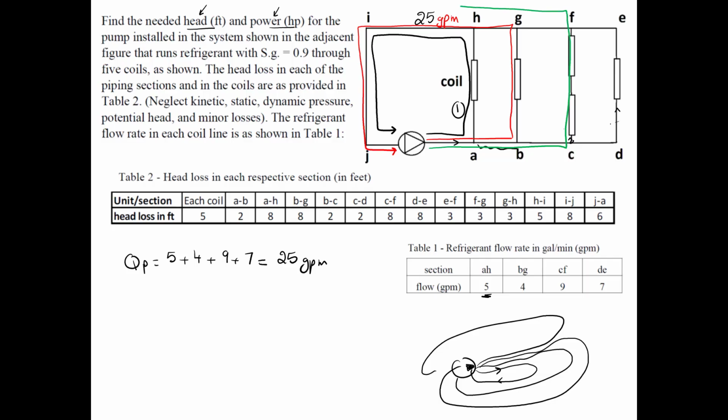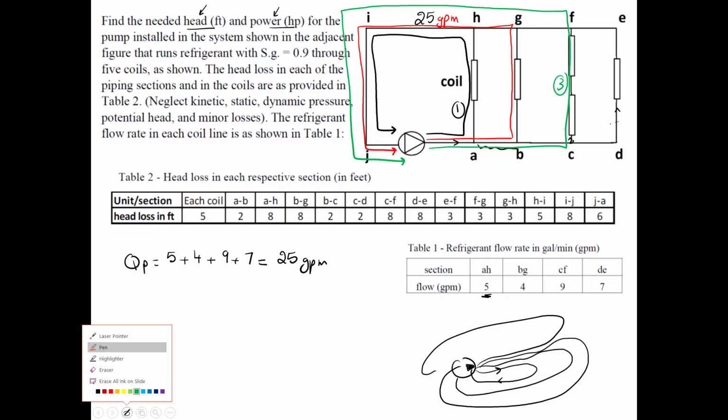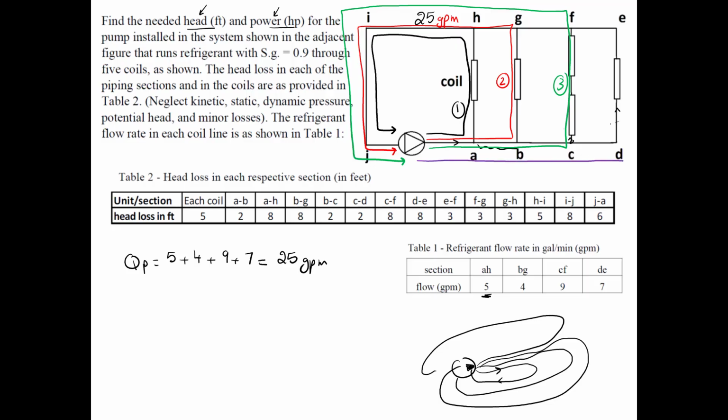So that's path number 3. This is 2. And then we have the last one, that's path number 4. It doesn't necessarily need to be the longest that has the maximum head, because as you can see in this example, actually 3 has 2 coils, whereas the 4th one has only 1 coil.